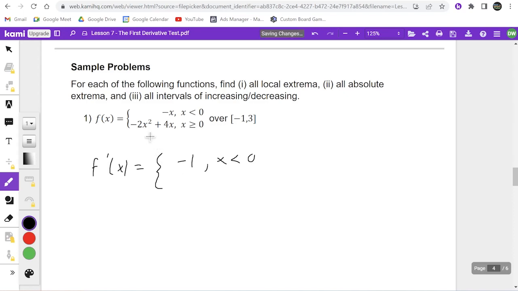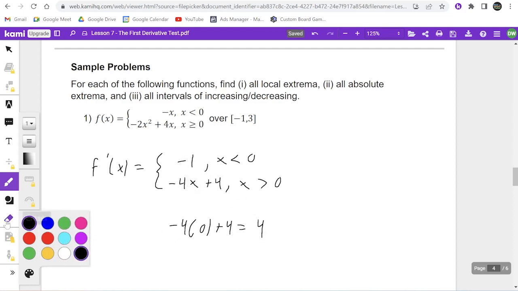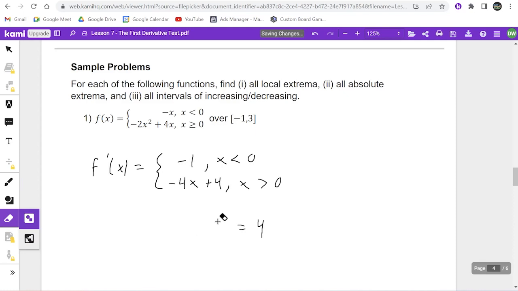And then the derivative of the bottom is negative 4x plus 4, and that's when x is greater than 0. Notice I can't say x is greater than or equal to 0. The reason why is because if you plug in 0 for x here, you'd get negative 4 times 0 plus 4. That gives you 4. 4 does not equal negative 1. Therefore, we say the derivative does not exist at 0.